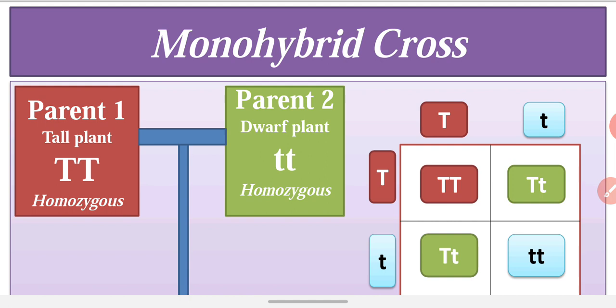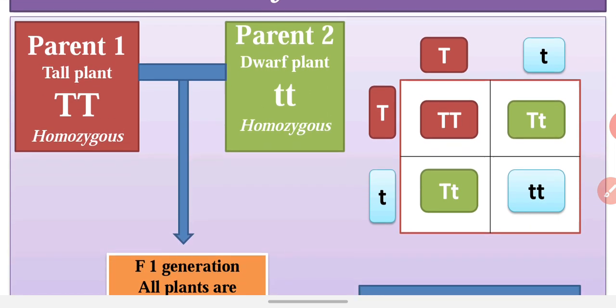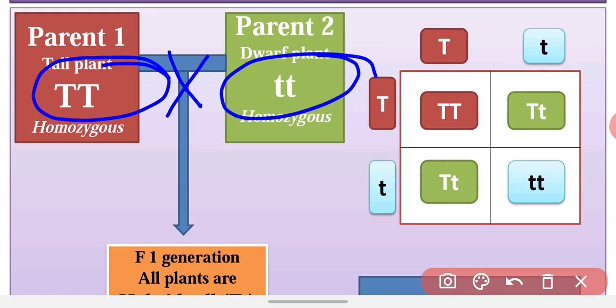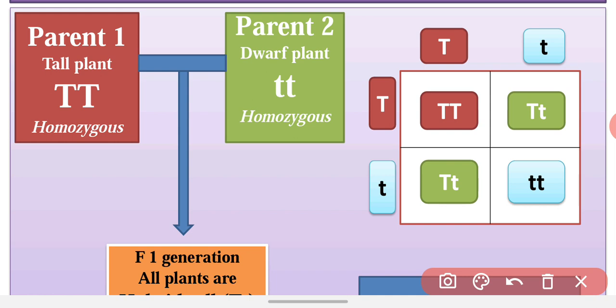I will discuss the monohybrid cross in this slide, which is very important for clearly understanding genetics and Mendel's laws. Mendel crossed parent first and parent second, that is pure tall and pure dwarf plants, and obtained the F1 generation.